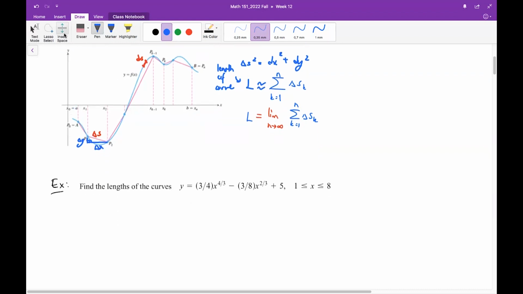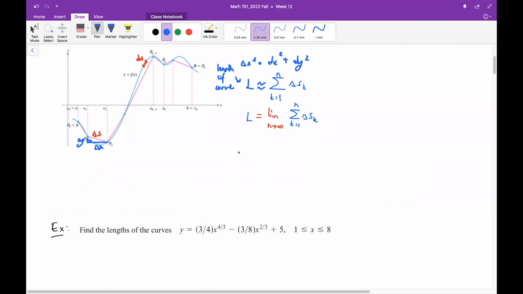We recognize this type of sum as a Riemann sum, and it can be expressed as a definite integral like this from A to B, which is our interval, of ds. So the delta notation is transformed to d notation when you rewrite the Riemann sum in terms of the definite integral notation. Okay, so this is the formula for the length.